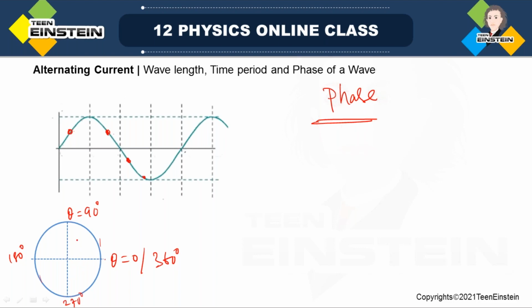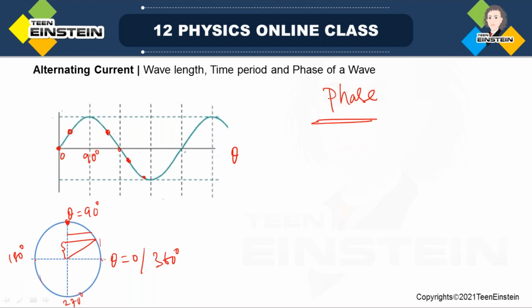If I have a quantity which is varying, at theta equal to 0 the quantity has a 0 value, then it has a value here, this much, then this much, and at 90 degrees it has a maximum value over here. Now it goes in the opposite direction.